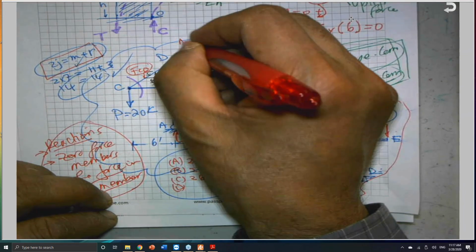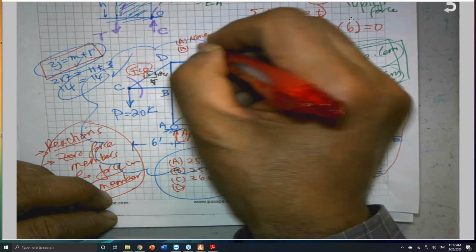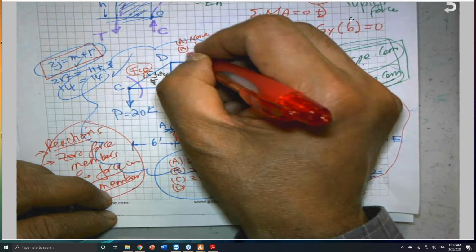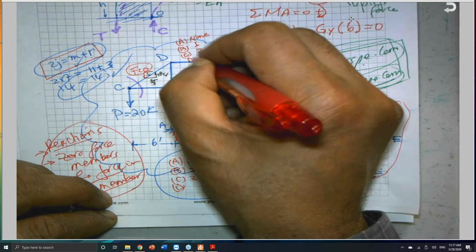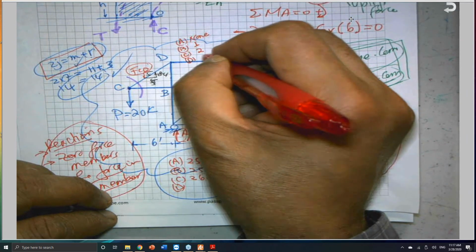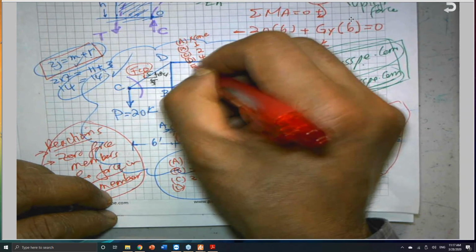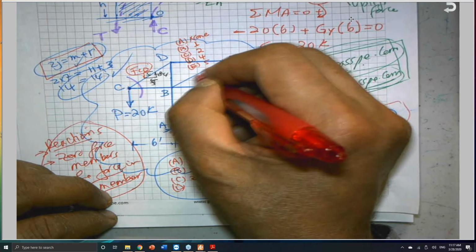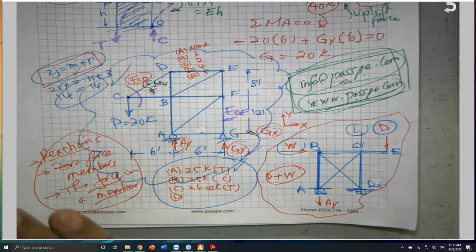Answer A, none. Answer B, 1. Answer C, 2. Answer D, 4. Answer E, I will keep answer 5. I added an extra answer here.